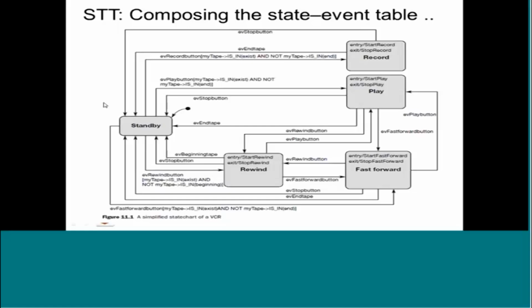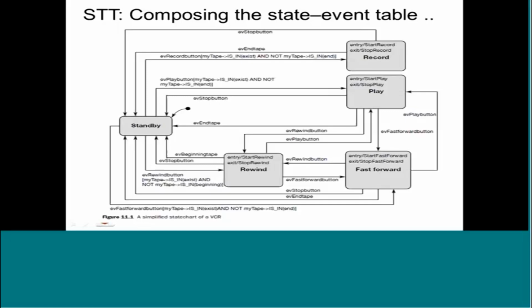Okay. So taking up another state. Let's consider the states within other states. Let's not take the primary state as standby. Let's see how play and fast forward can interchange between them. You can see there is no transition from play to record, because from play to record the VCR has to be stopped first, then you can go for the record.